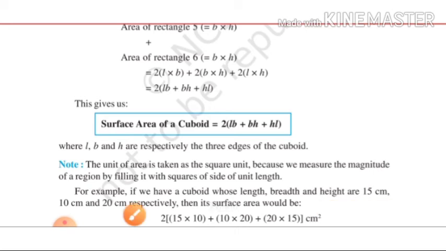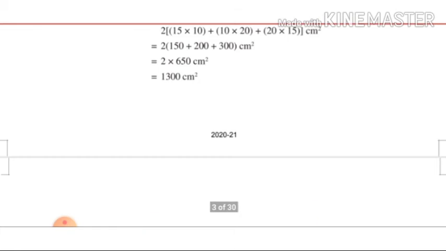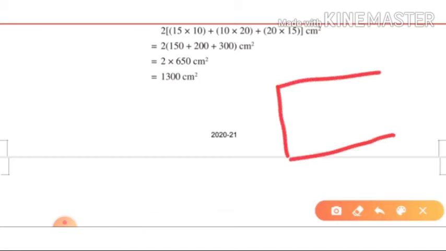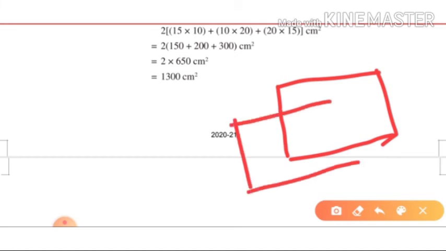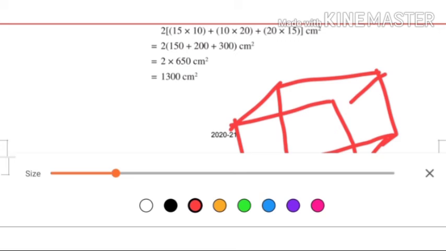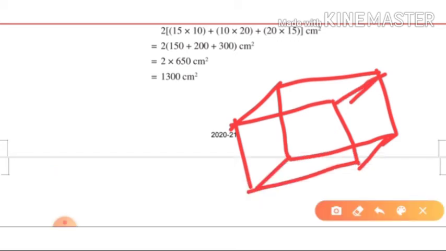When you say lateral surface area, consider your study room. We take only the side walls. If this is a cuboid, we take only the side walls: this one face, this one facing us, this one, and the one behind, 4 faces.